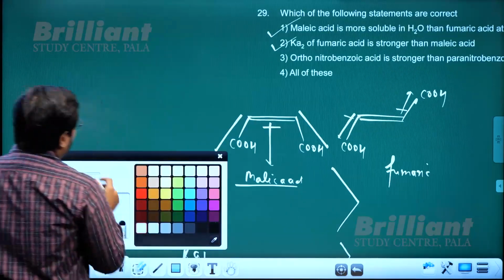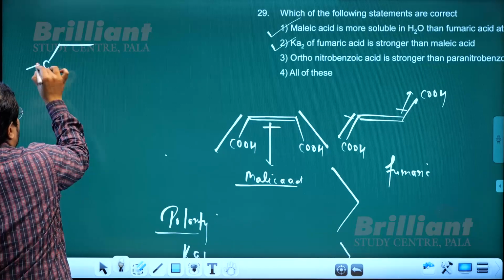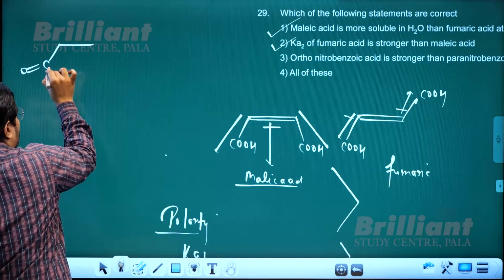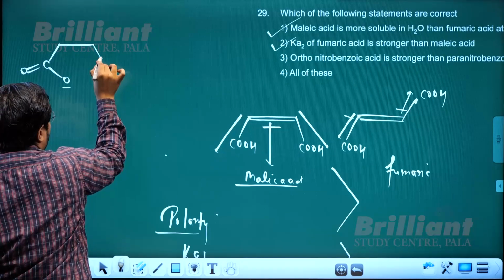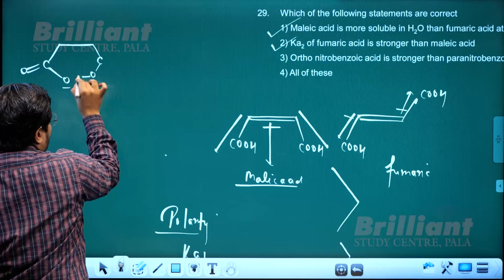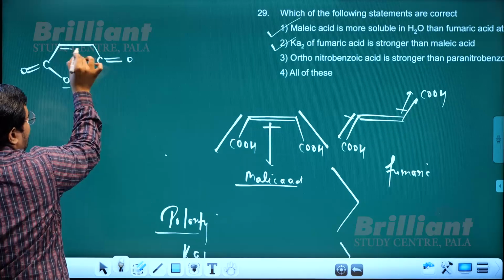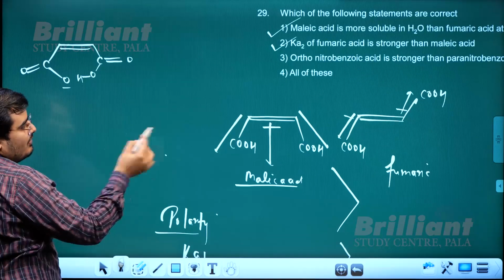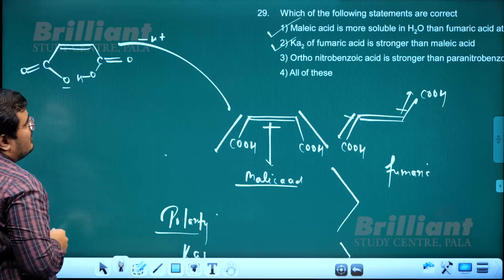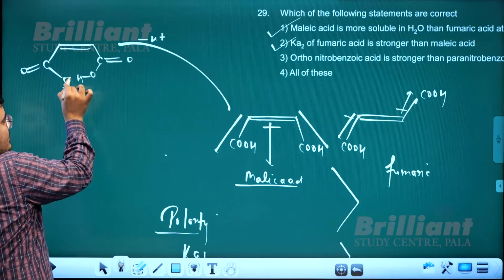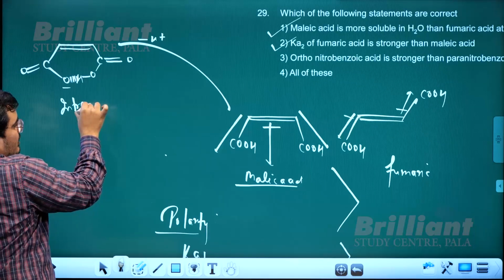I have already told you, whenever you want to compare the acidity of an acid, always compare the stability of its conjugate base. So I can say this is the conjugate base which forms from malic acid after losing an H positive. As you can see, they are in perfect alignment to form an intramolecular hydrogen bond.